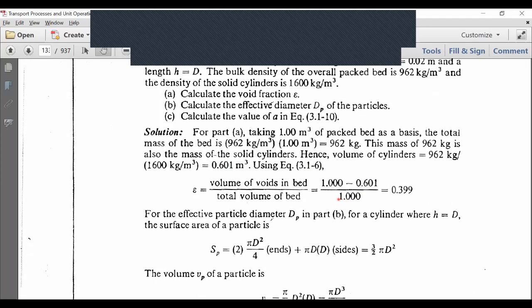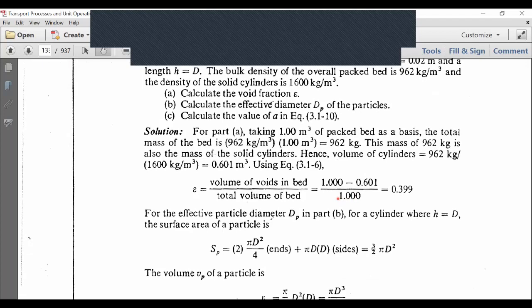And then for part B, calculate the effective diameter of the particles. First we find the specific surface area of the cylinder. For the ends, a cylinder has 2 circles, so it's 2 times pi times d squared per 4.